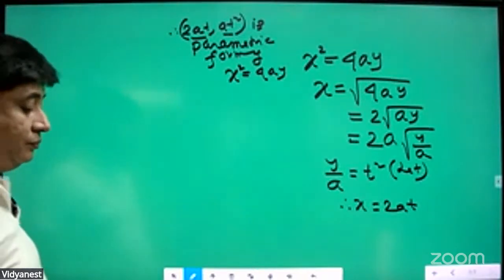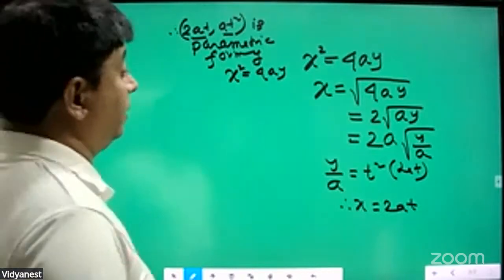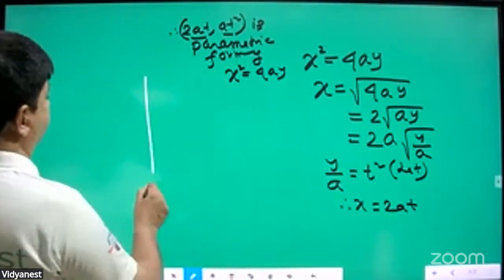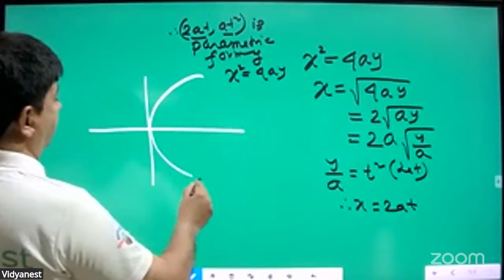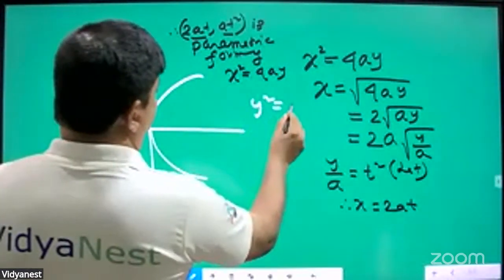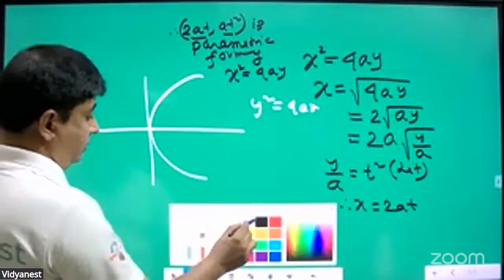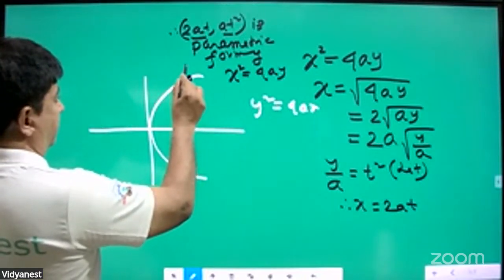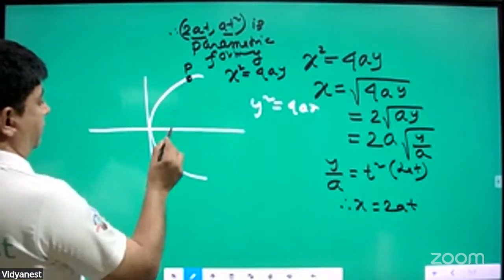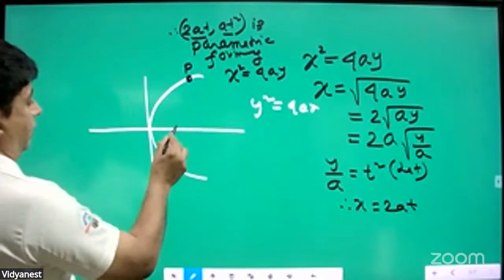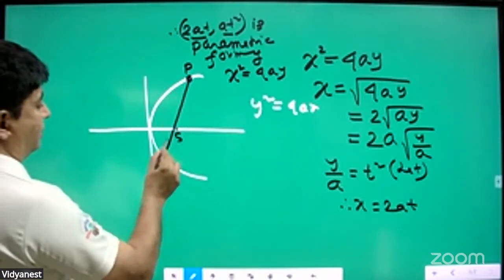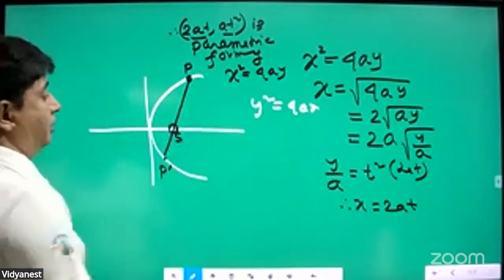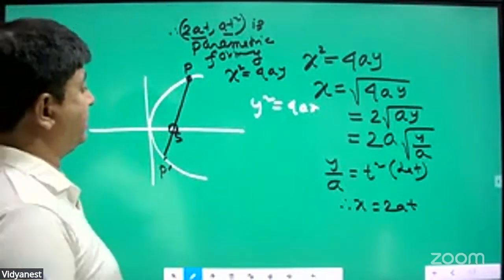Now, let us draw one parabola of the form y square is equal to 4ax, and take 2 points P and P dash, and if I join them, the line passes through S. It is a focal chord, so it passes through the focus.